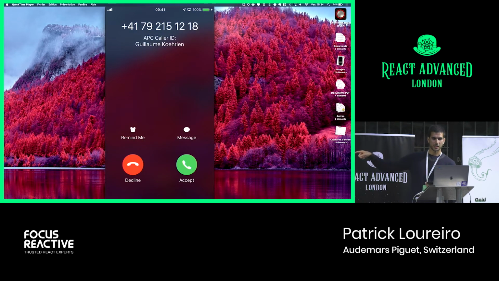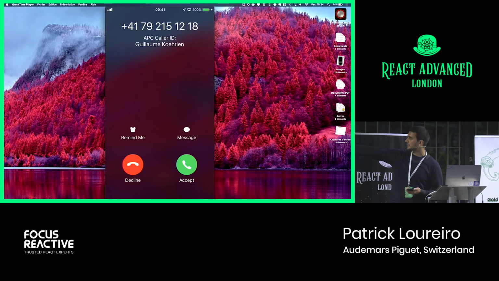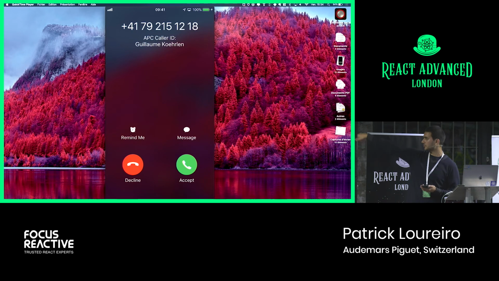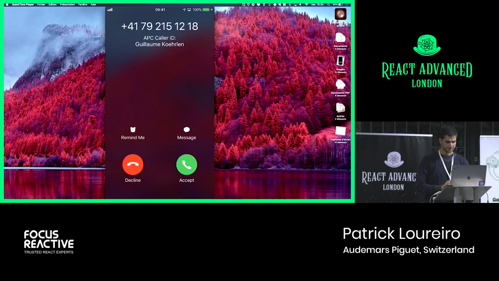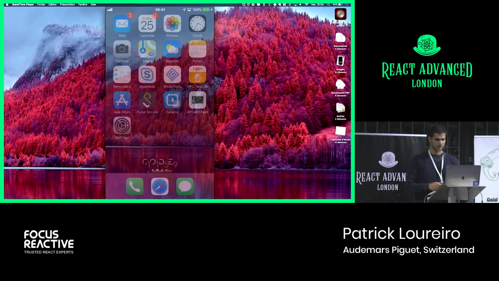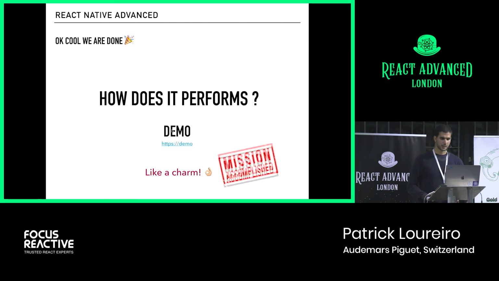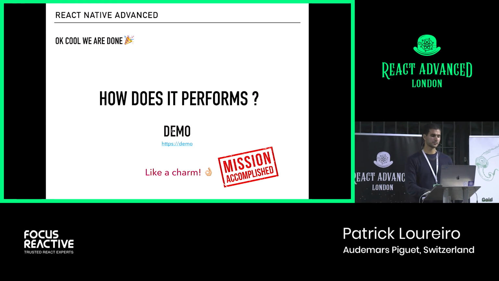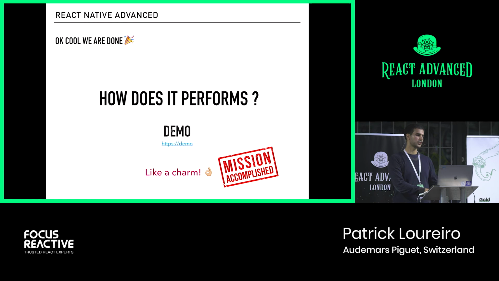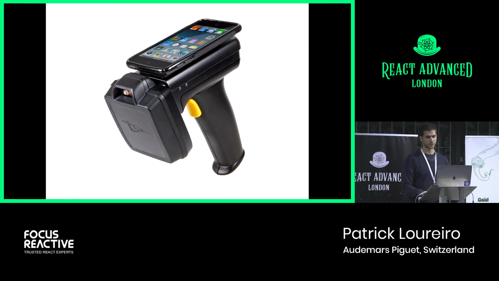So you see, Guillaume is calling me in the app. He's resolving this number because I don't have it in my directory. He's resolving in the application. Okay, go back to the app. Okay, mission accomplished. It works. Both sides, native events from the native side, and JS calls to native through the bridge, to a custom module.